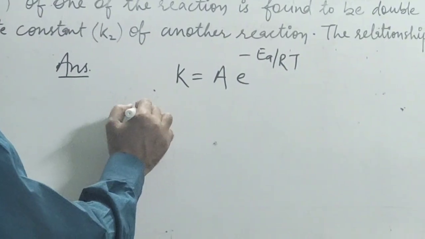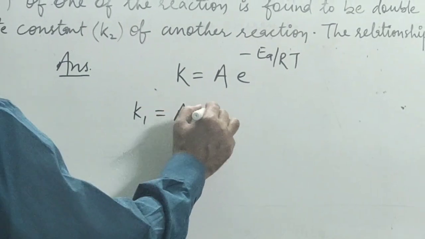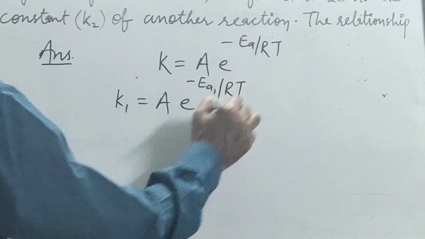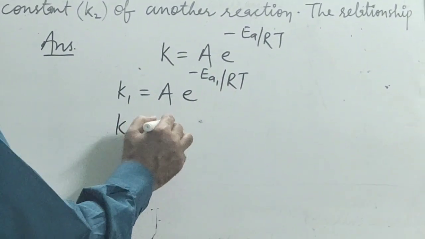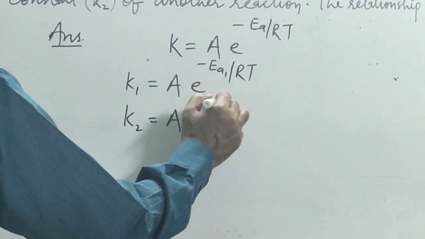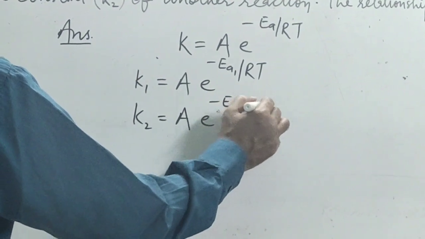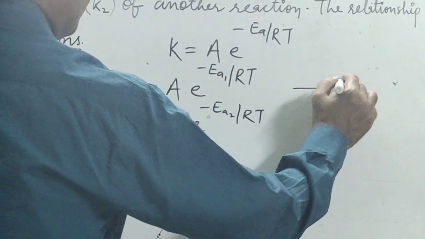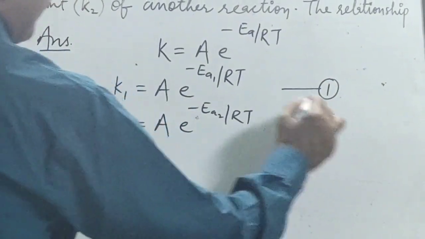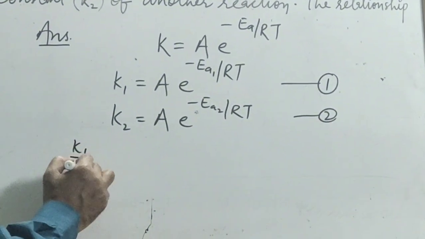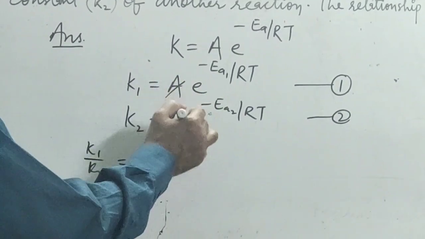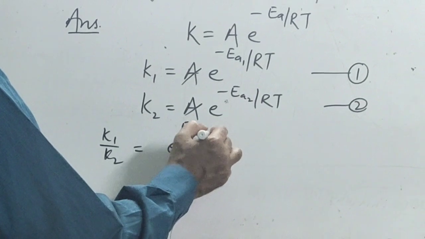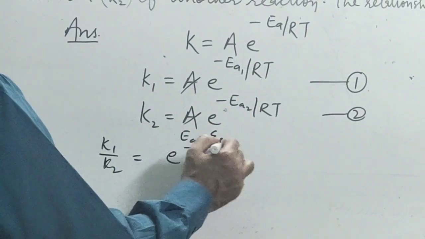So for the first reaction K1 is equal to A into e raised to power minus Ea1 upon RT, and K2 is equal to A into e raised to power minus Ea2 upon RT for the second reaction. Dividing the two equations, K1 upon K2 is equal to, A is cancelled, e raised to power Ea2 minus Ea1 upon RT.